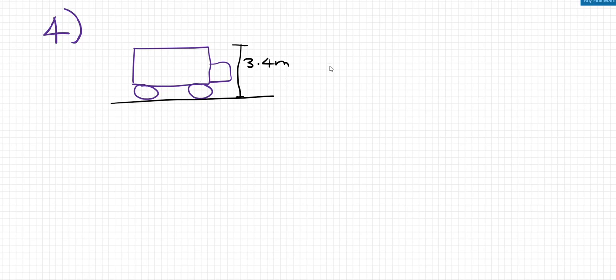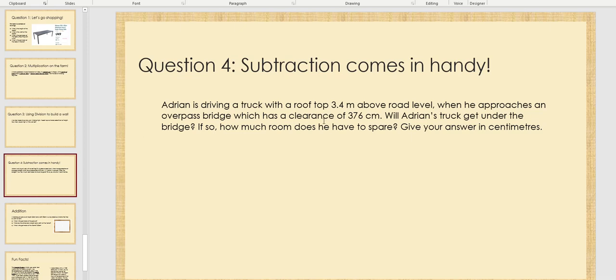Now this truck is approaching an overpass bridge. So my bridge, I'll just put it maybe over here. We don't know if the truck is going to fit under this bridge, but let's just make it a little bit higher and hope that it does. Now, not so much the height, sorry, the clearance to pass under this bridge can't be more than 376 centimeters.